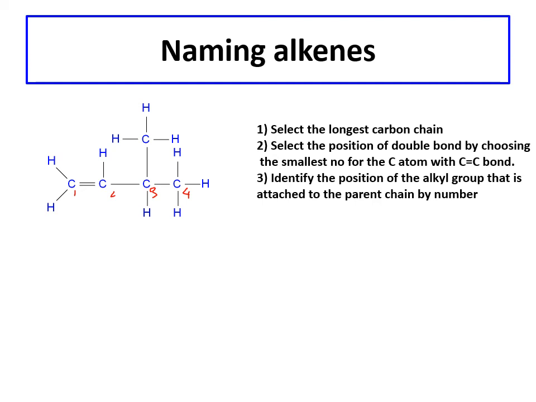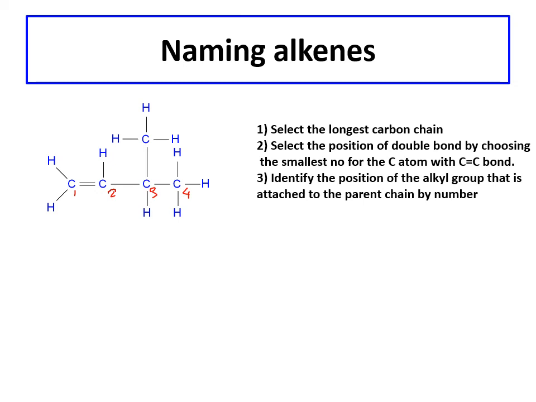It means that you need to start the numeration from the carbon that has the double bond, because you want the name, in which you put the position of the double bond, to have the smallest number possible.